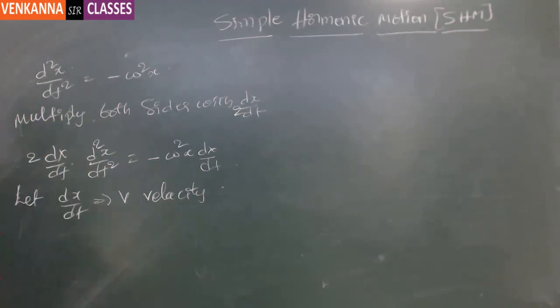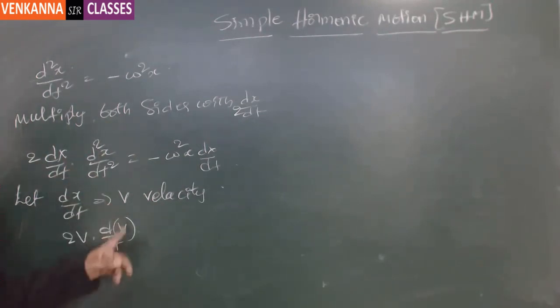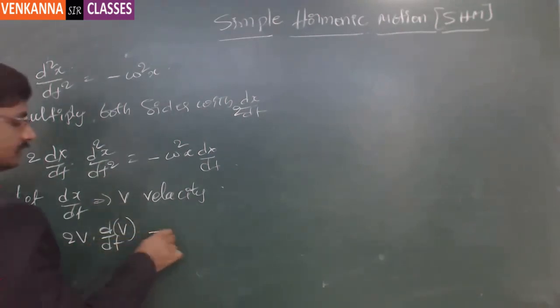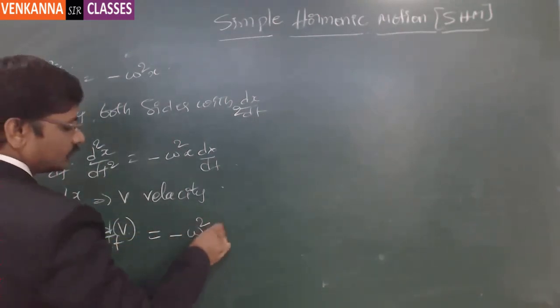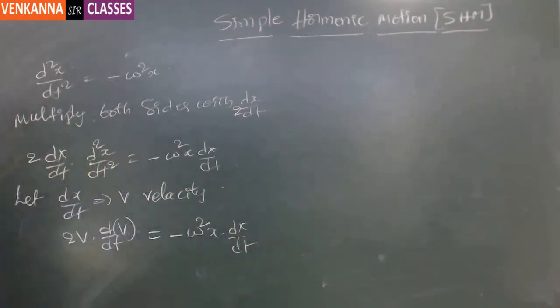Now if you replace it here, 2v d by dt of v, because d square x by dt square can be written as d by dt of dx by dt. So dx by dt I have called v, and this is equal to minus of omega square x into dx by dt. I keep it as it is on the right side. Now integrate on either sides with dt.